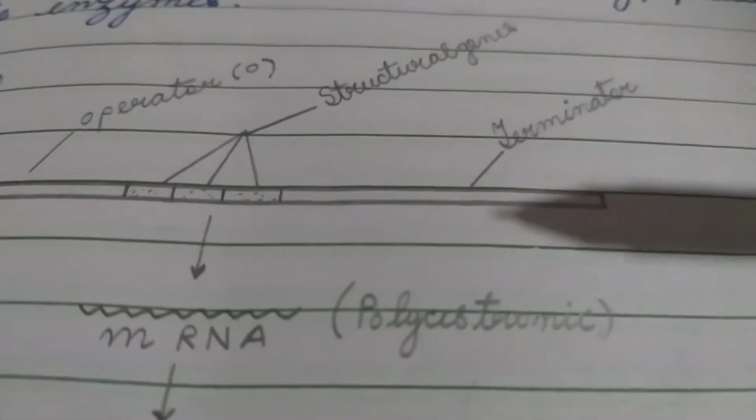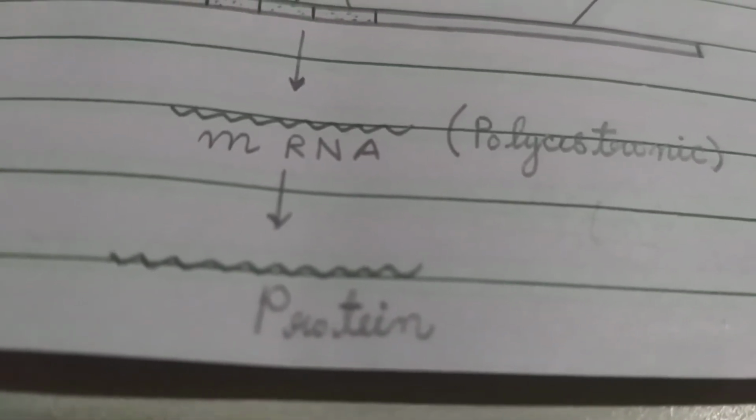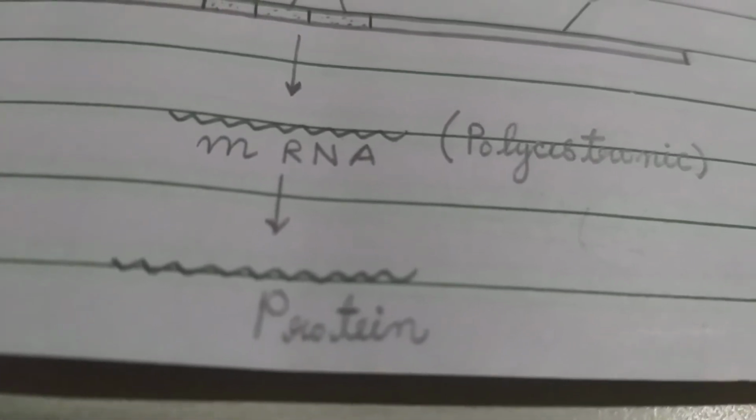And structural genes are transcribed into messenger RNA, and this messenger RNA is translated into proteins or enzymes which are required by the cell to perform special functions.